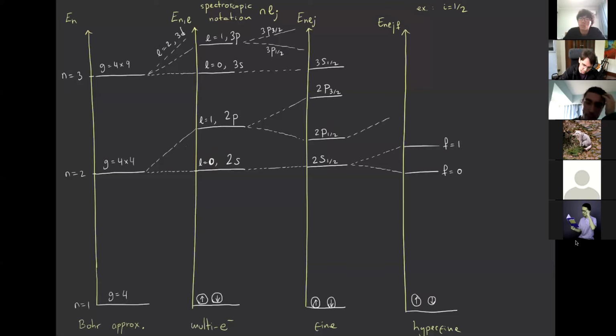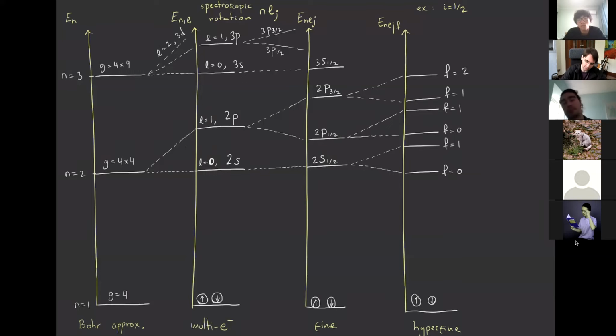Now, for this one in here, we will have something similar because this is a P level, so it's an L equal 1 level, but J is equal to 1/2. So F will still be equal to either 0 or 1. Now, this one is a bit more interesting because in here you will get F equal 3/2 plus 1/2, that's 2, and 3/2 minus 1/2, that's 1, and so on.